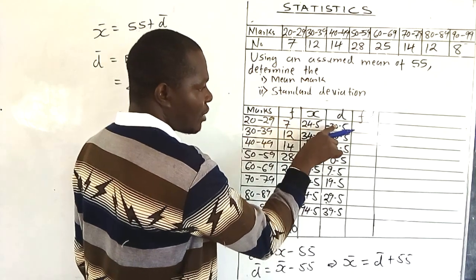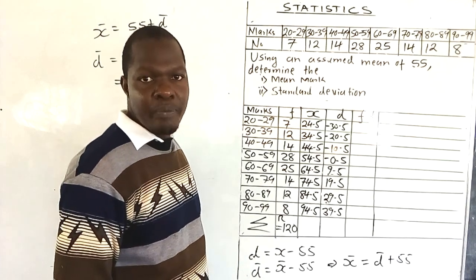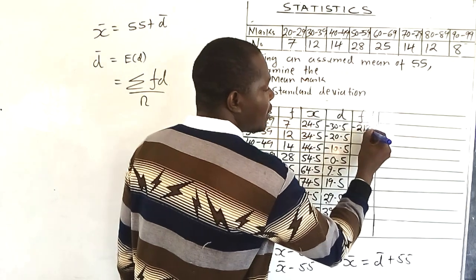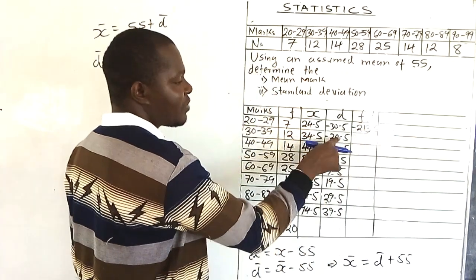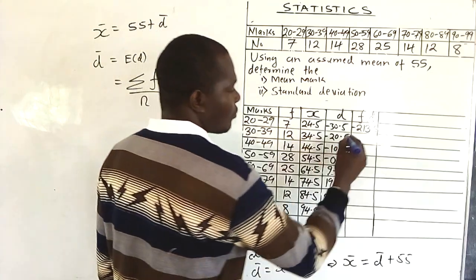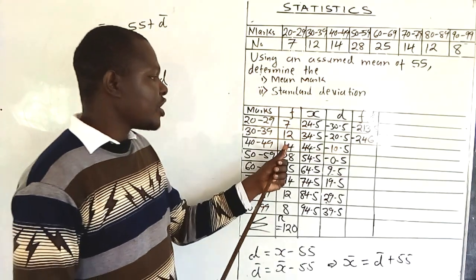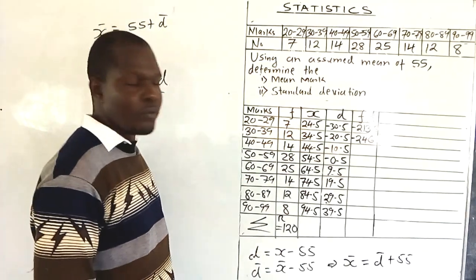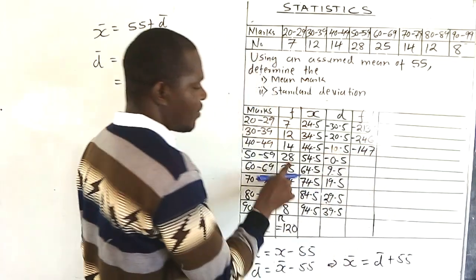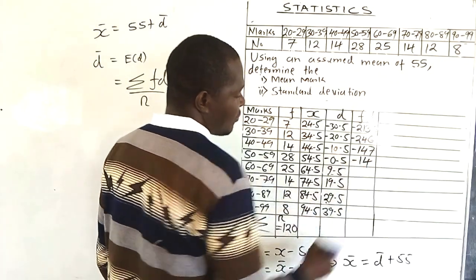This is f is 7, d is negative 30.5, isn't it? You get negative 213.5. Then 12 times negative 20.5, negative 246. Then the next one, 14 times negative 10.5, negative 147. Then 28 times negative 0.5, negative 14.